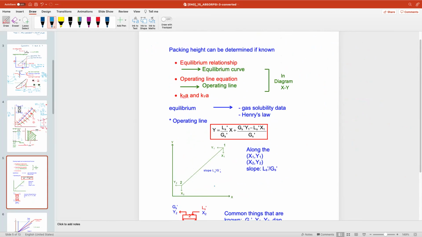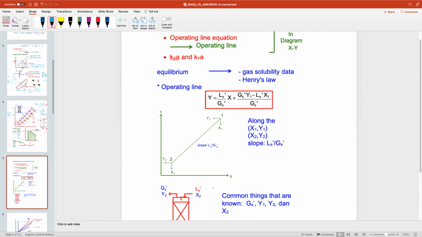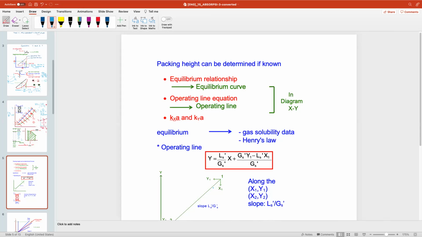To sum up from the beginning: we can determine the packing height of an absorption column if first we know the equilibrium correlation. The equilibrium correlation is for dilute solution, and it usually follows Henry's law. So we should be able to construct the equilibrium curve.